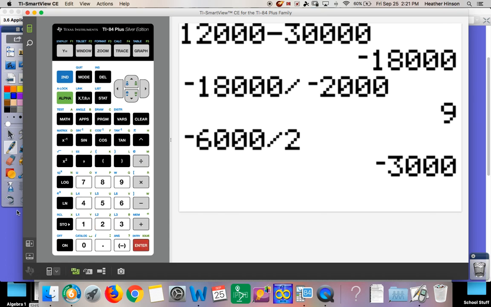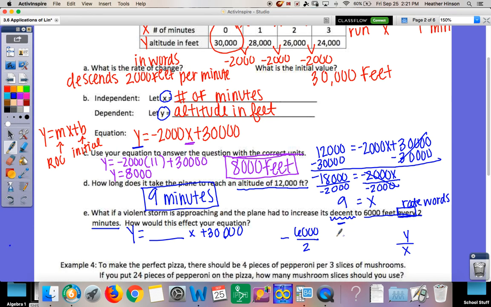We get negative 3,000. So instead of our slope being negative 2,000, it's going to change to negative 3,000. So your full equation is going to be y equals negative 3,000x plus 30,000. So it affects your equation by changing the slope. It changes the rate of change.